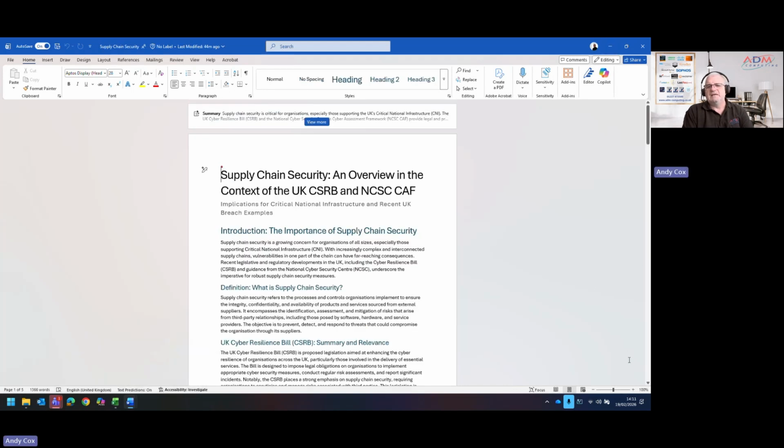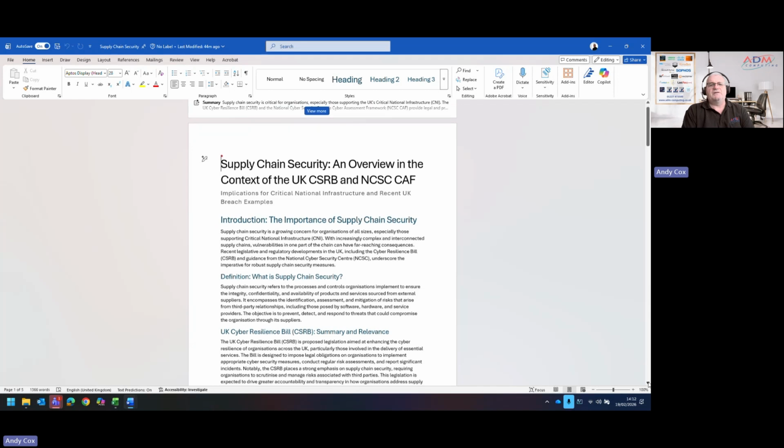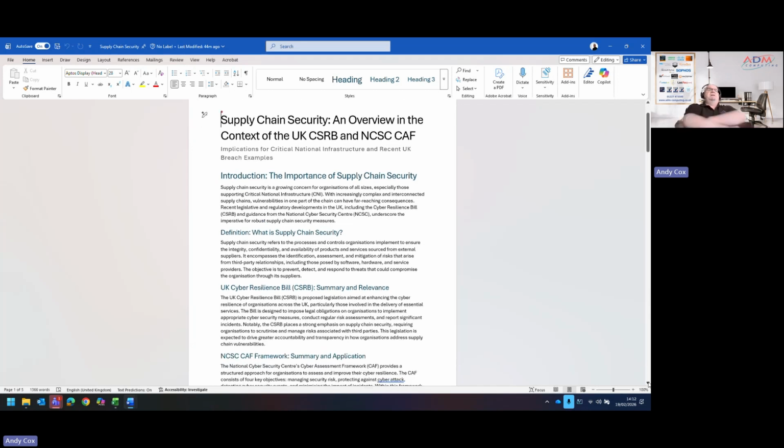Supply chain security is ensuring that your suppliers meet required and relevant standards. And that works two ways. Obviously, you as organizations and companies can make it part of your requirements that your suppliers demonstrate their cybersecurity.